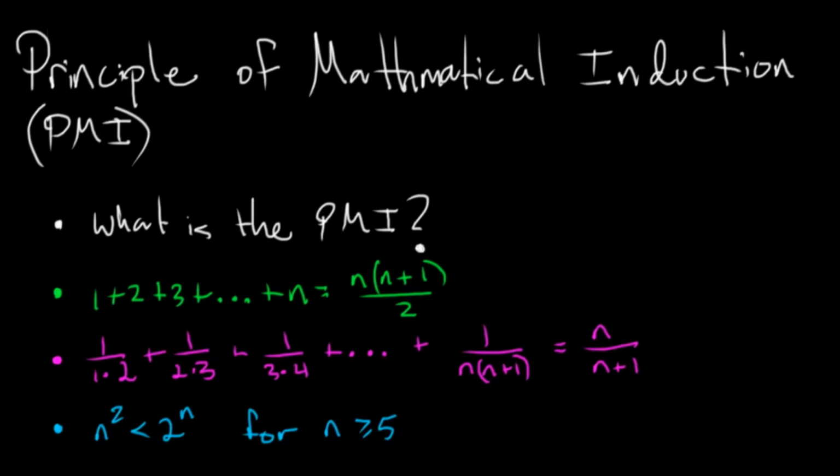In this video, we looked at the green, purple, and blue induction proofs, but these things can get pretty mind-numbing. They can be challenging. The first two were pretty straightforward, just algebra. The blue one down here, n squared is less than 2 to the n for n greater than 5, was a little bit different. You had to be a little bit clever in certain spots. You had to work backwards and then work forwards.